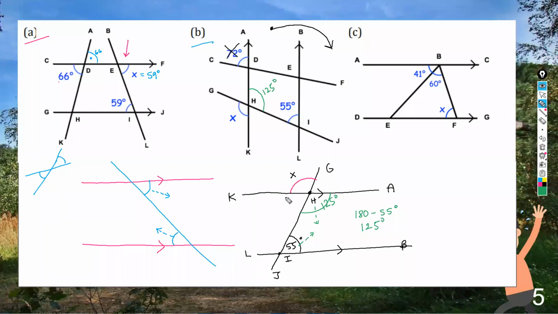An X. Isn't this vertically opposite angles? In vertically opposite angles, the angles are always equal. So if here's 125, then over here is 125. So that's the final value for x, 125.